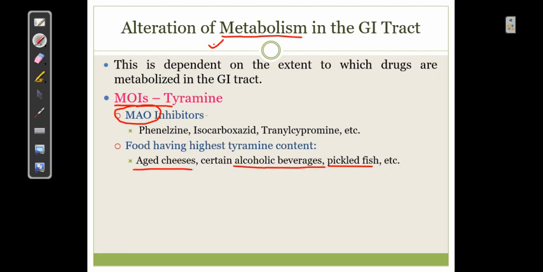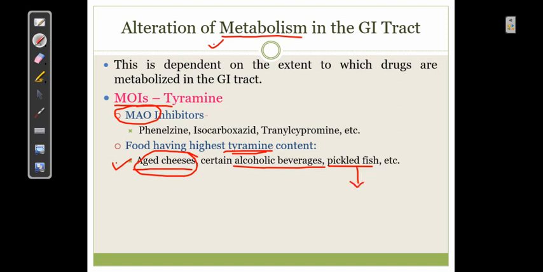All these foods have a high tyramine content. Some of these are non-toxic, but most of the time tyramine-containing food, for example fish, contains lots of tyramine, and this tyramine or some other amines are very toxic for our body.